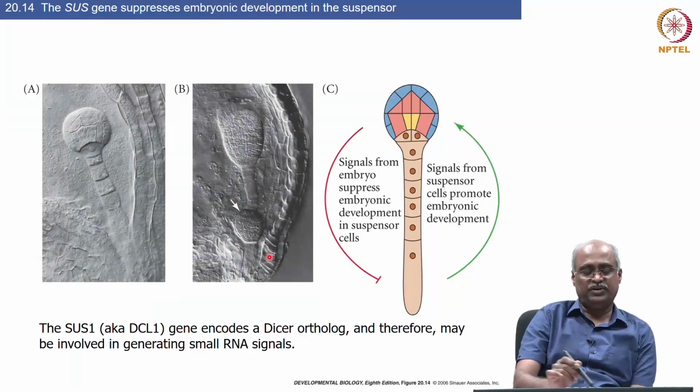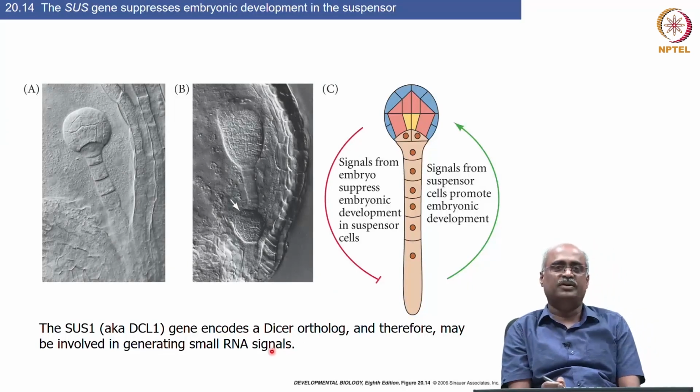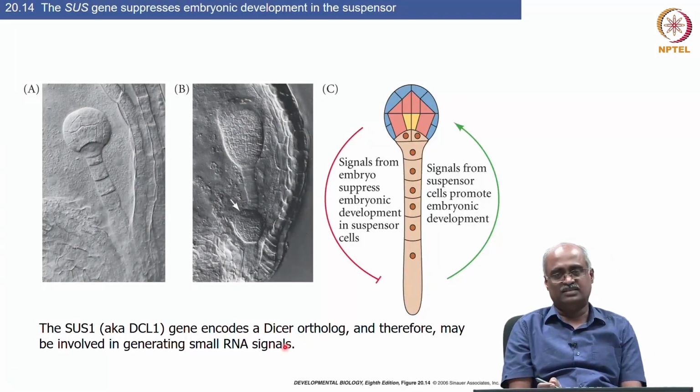So in a mutant, in a gene called sus1, which is called dicer like 1 because of its similarity to dicer. Dicer you may have heard in discussions on RNAi. Dicer is a protein involved in cleaving RNA into small signaling RNA molecules, so called siRNAs.